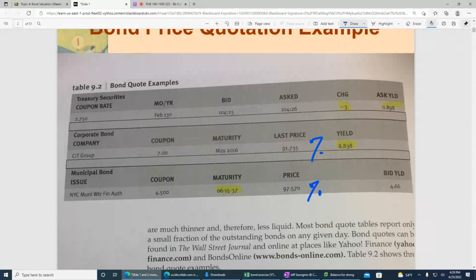So, again, this is 104 and 25/32%, right? Remember that? All prices are quoted as a percentage of the face value.